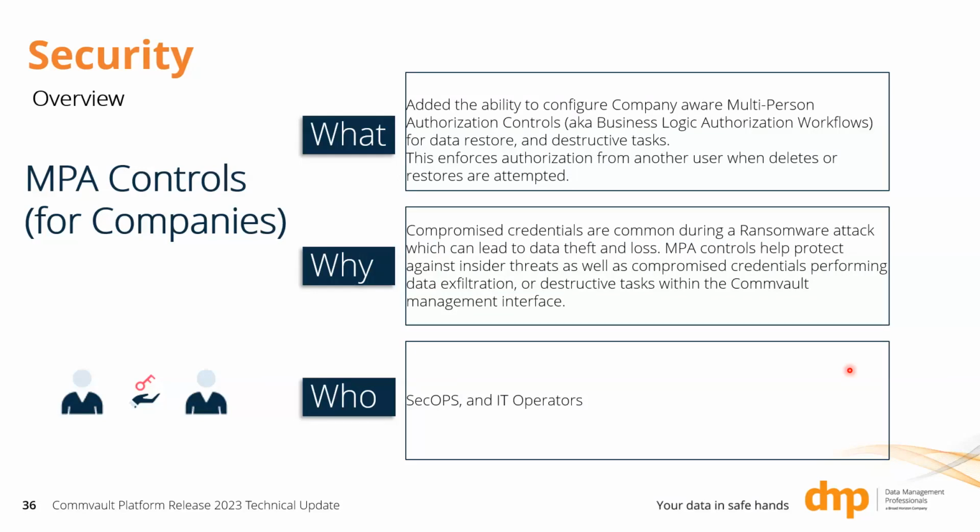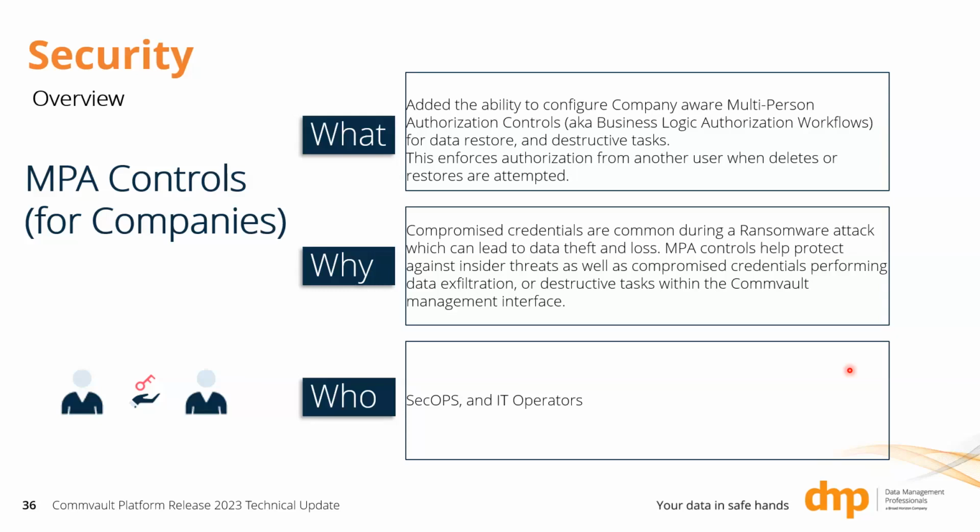So if a certain event code is happening, then it will trigger that the business authorization workflow must be enabled before the real action is actually going to take place. And that helps you so that a ransomware attack or an escalation of a user is not able to start deleting data on its own. And that is not only for attackers, but also to overcome mistakes.